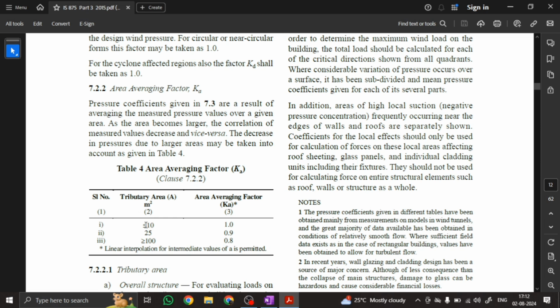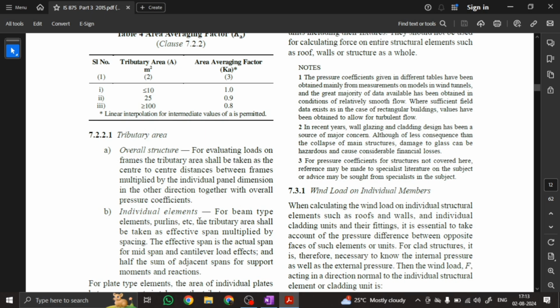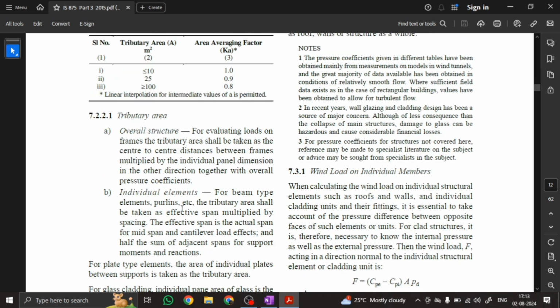Sorry, this is not less than, it is equal to 10 or greater than 10. Then we have to take this value. Now it is explained here for the overall structure and individual elements. We will see that in the next session.